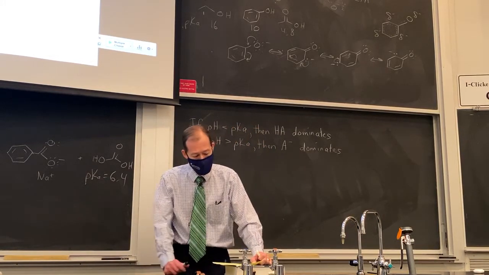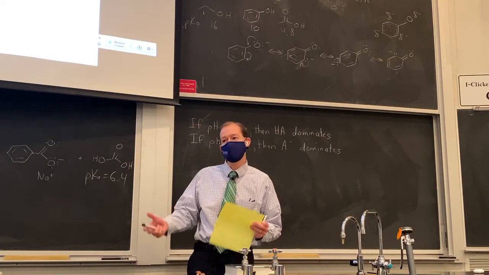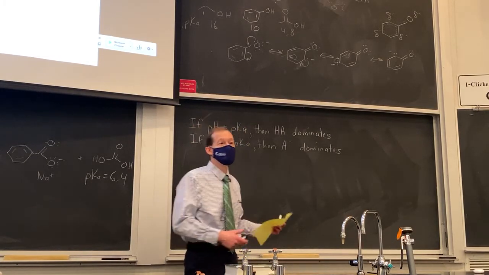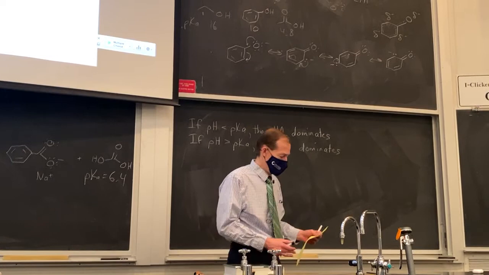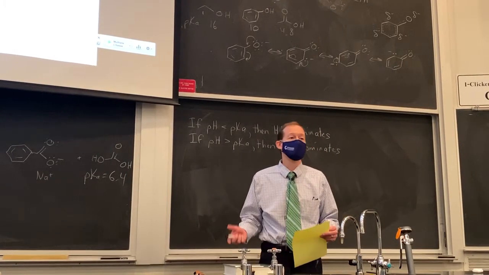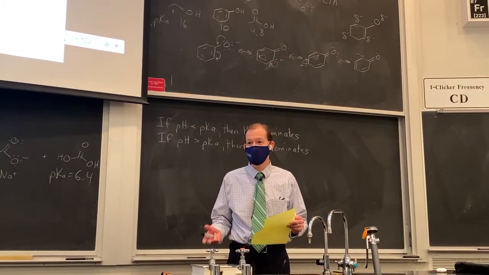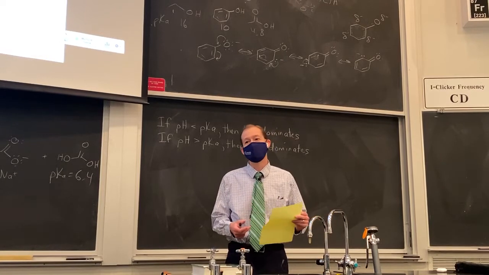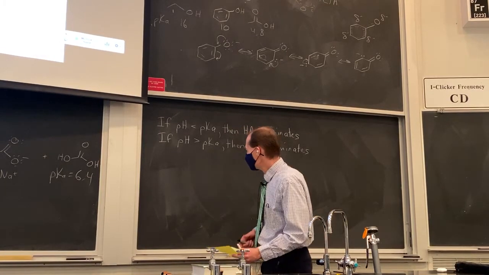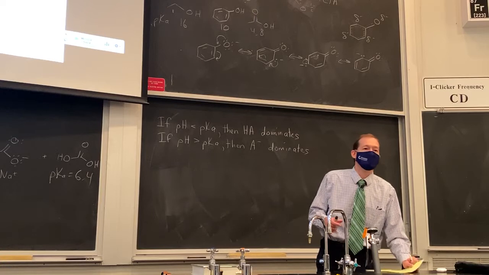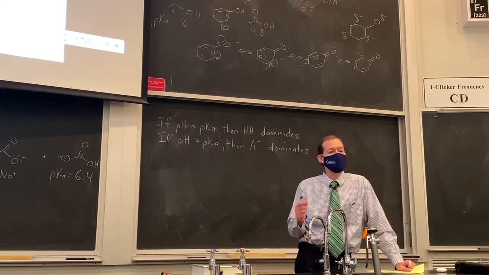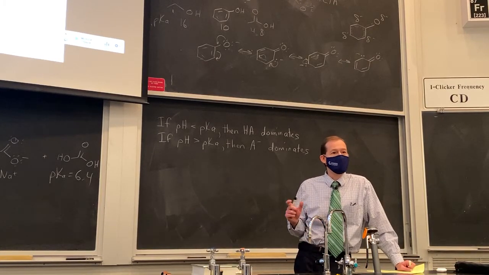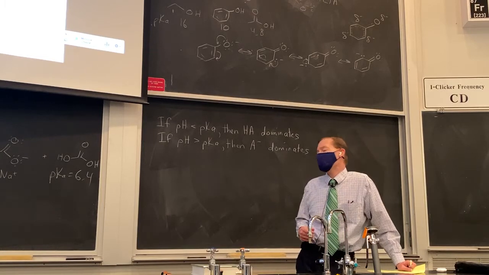All right, we've talked about how resonance impacts relative acidities of compounds. Let's talk about inductive effects. Again, this is a review of something we learned back in chapter 2. So inductive effects are effects caused by atoms that are not bonded to the acidic atom.